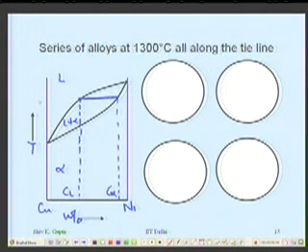Alloy which has a composition Cl, what shall it show me? The composition of the alloy itself is Cl. At this temperature, what will it show? All liquid, 100% liquid it will show.